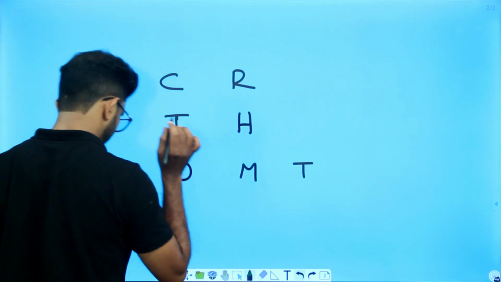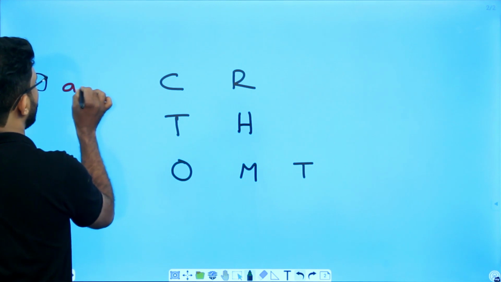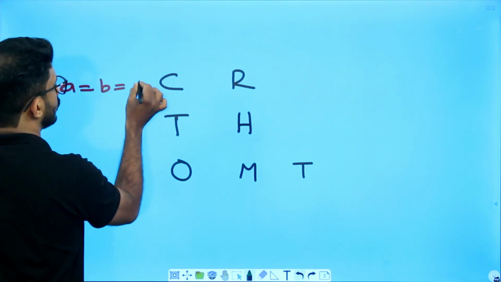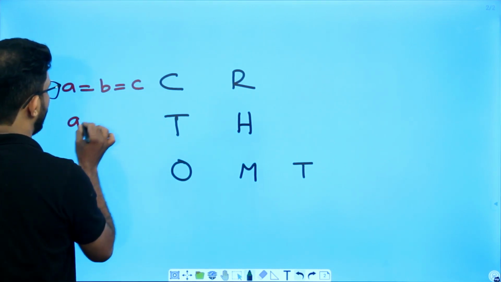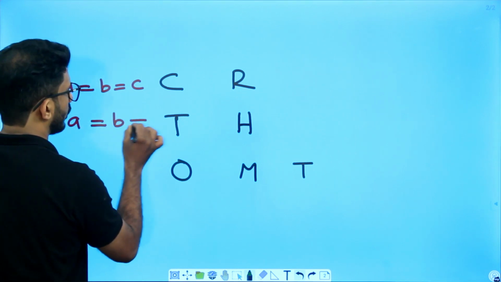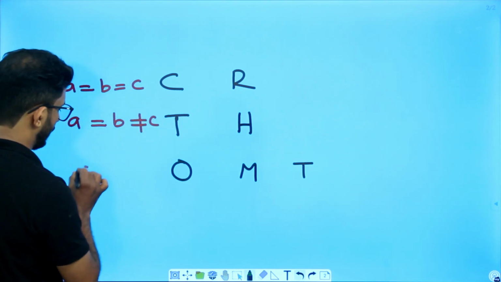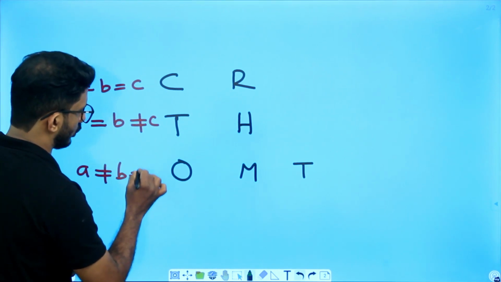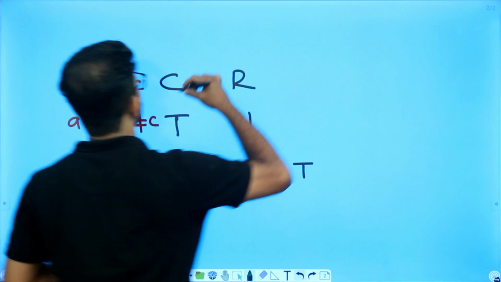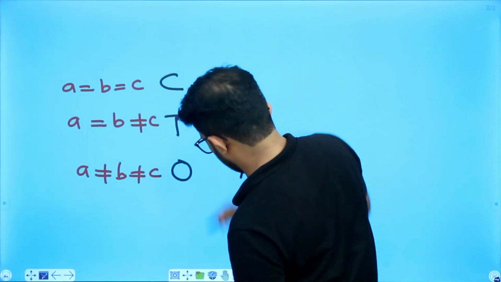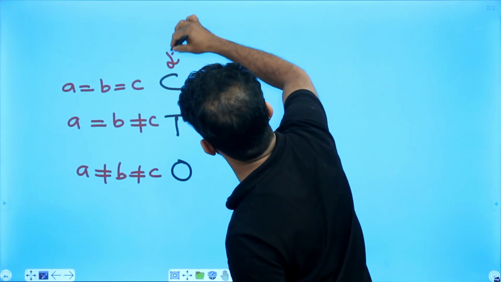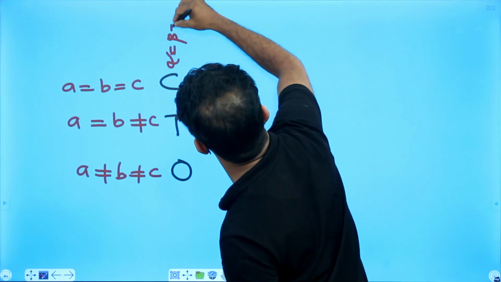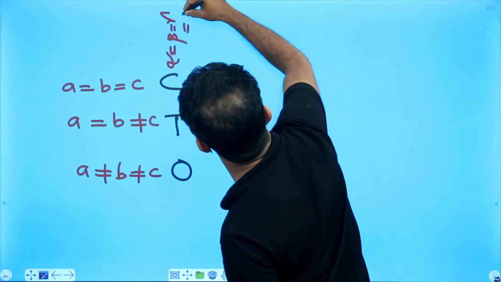And here A is equal to B is equal to C. A is equal to B not equal to C. A not equal to B not equal to C. And here alpha is equal to beta is equal to gamma is equal to 90 degree.